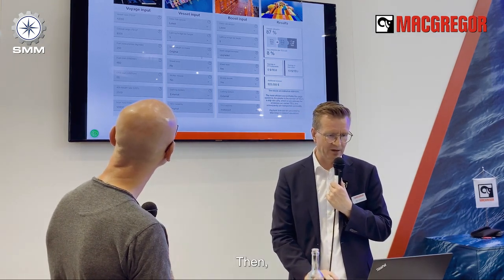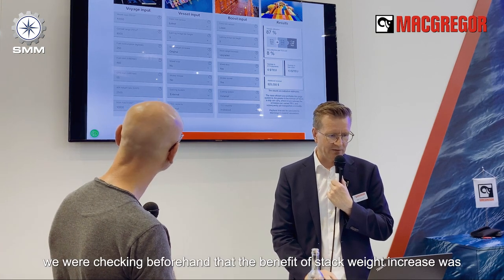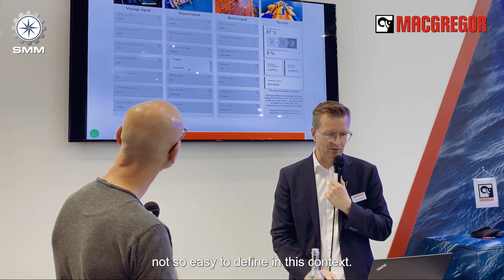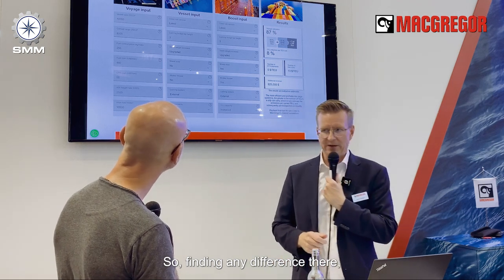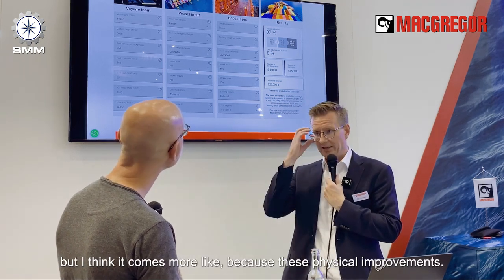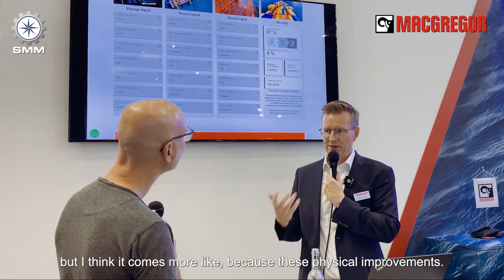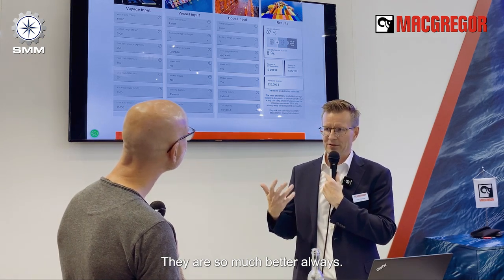Then what we were checking, this stack weight increase, it was not easy to find any difference there. But I think it comes more because these physical improvements are always so much better.